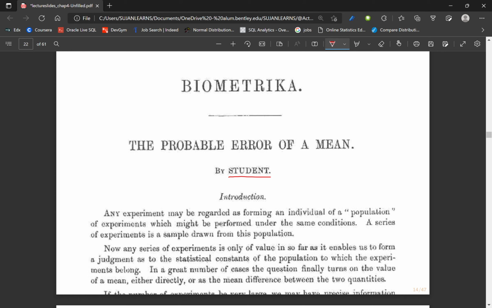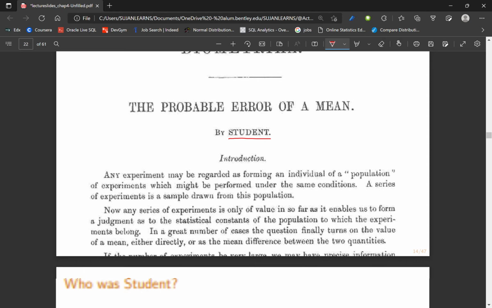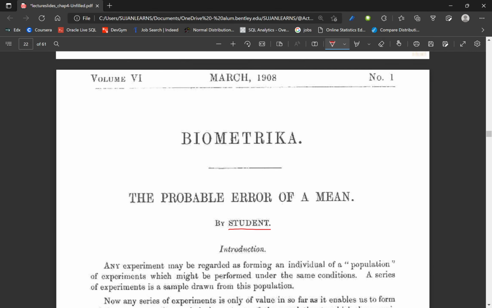In the end, let me quickly summarize what we learned today. We learned about student distribution. We learned that student distribution is a ratio of a normal distribution divided by the square root of a chi-square divided by its degree of freedom.